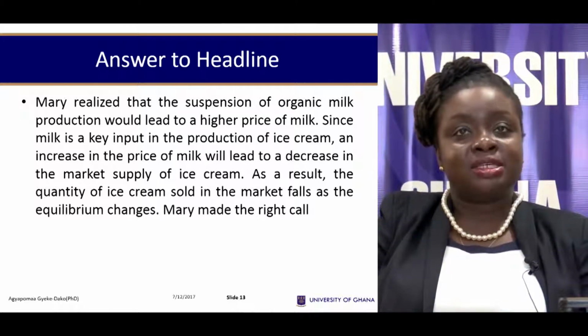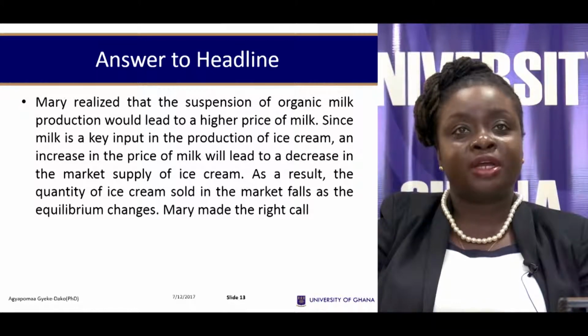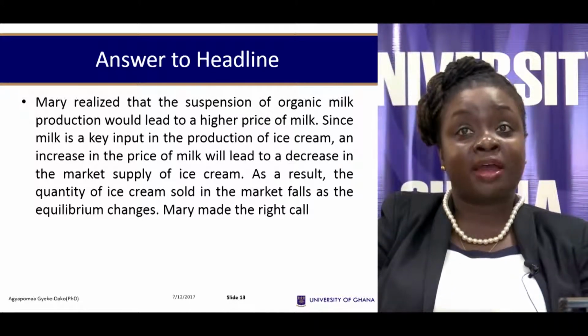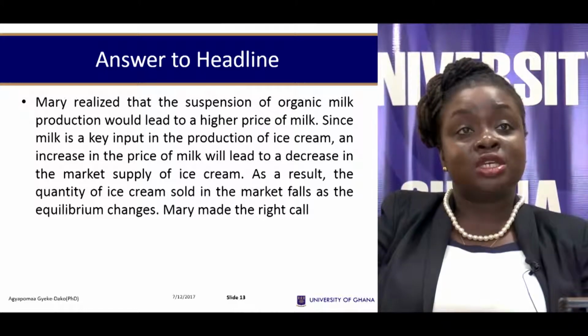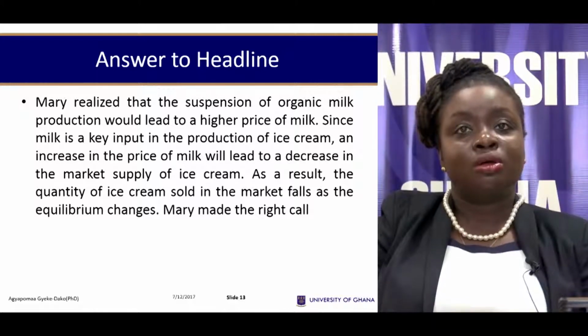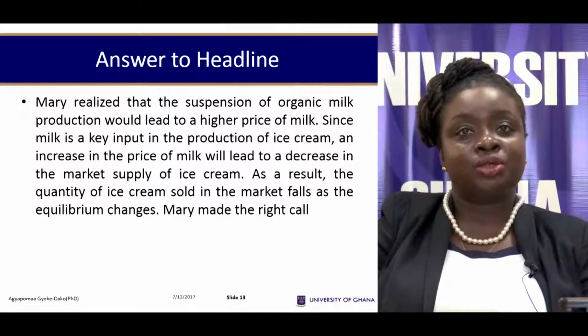Mary realized that the suspension of organic milk production would lead to a higher price of milk. Remember, milk is also a key input in the production of ice cream. So since milk is a key input in the production of ice cream, an increase in the price of milk will lead to a decrease in the market supply of ice cream.